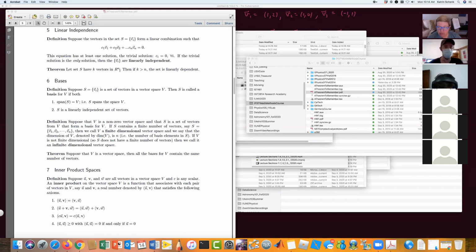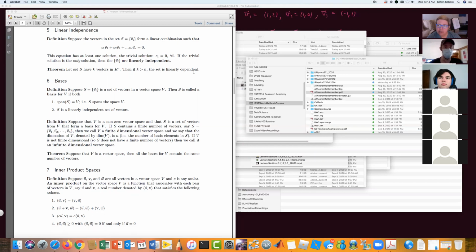We have R2, and we have 3 vectors in R2. Since 3 is greater than 2, the set is linearly dependent. So any 3 vectors in R2 are going to be dependent. So any 4 vectors in R3 will be dependent. Does that make sense? Yeah.